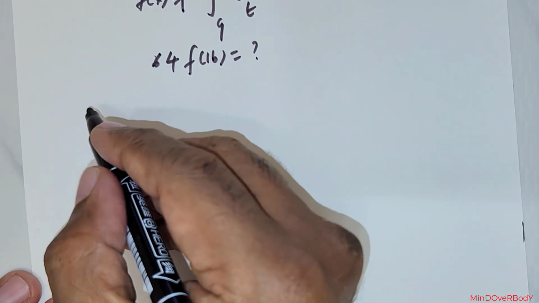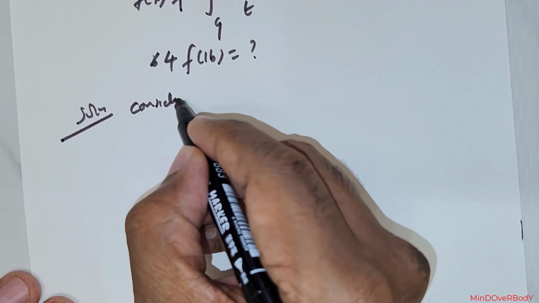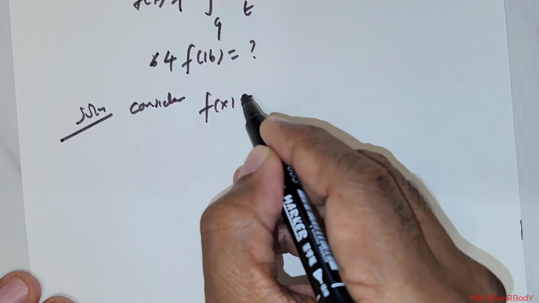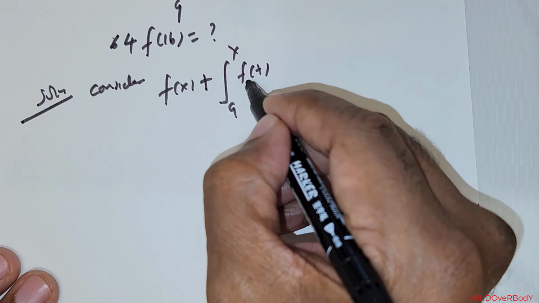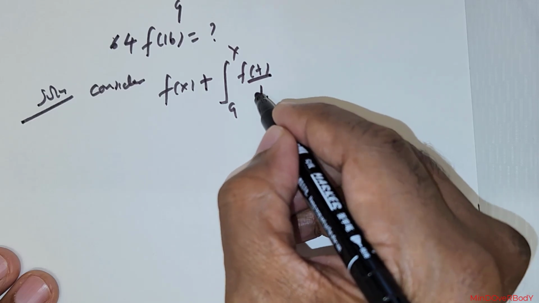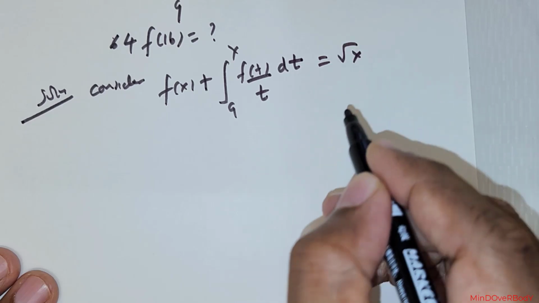Okay, so let's get the solution. Now what I wish to do is I will consider f of x plus integral 9 to x f of t over t times dt is equal to root of x.